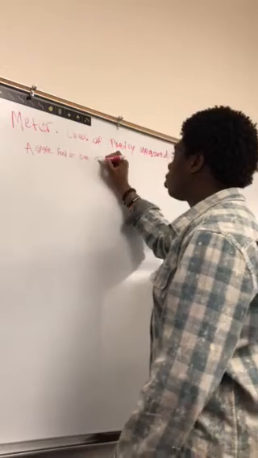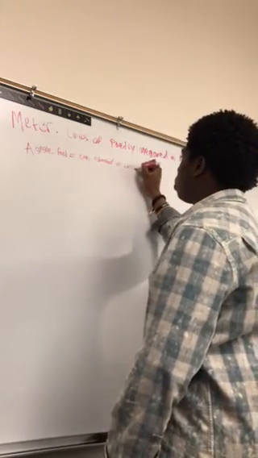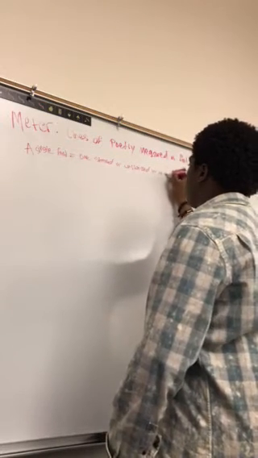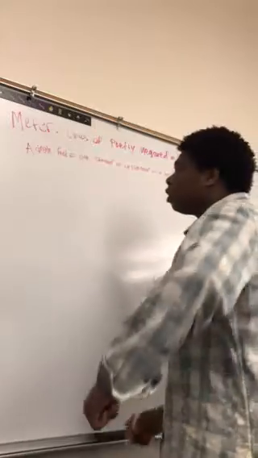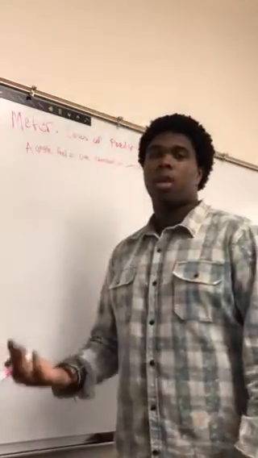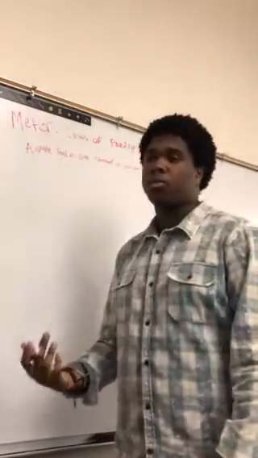So one stressed or unstressed syllable in a word makes up 1 foot. So one word, it has to be more than one word because one word wouldn't make up a foot. You have to have multiple words to make up multiple feet.